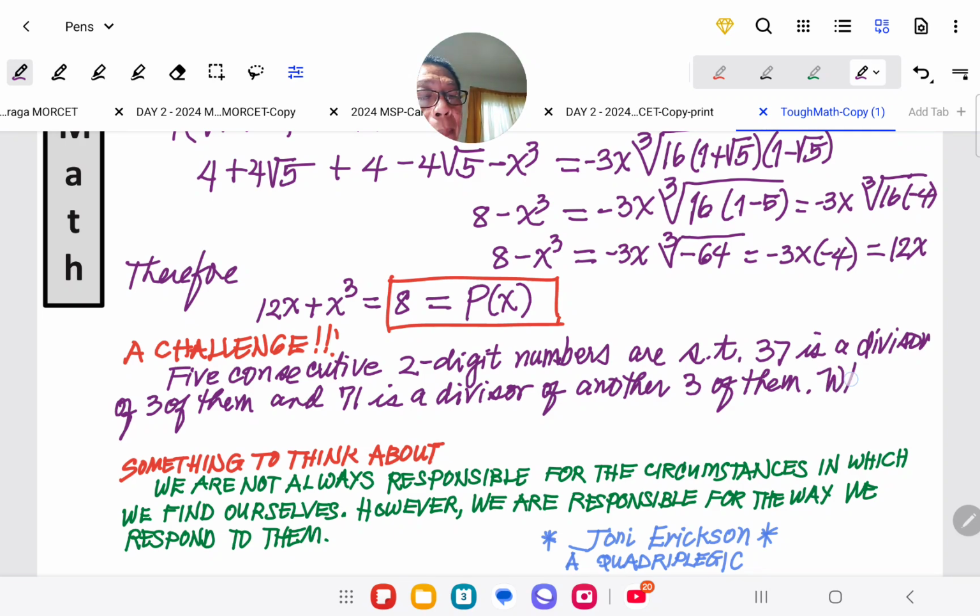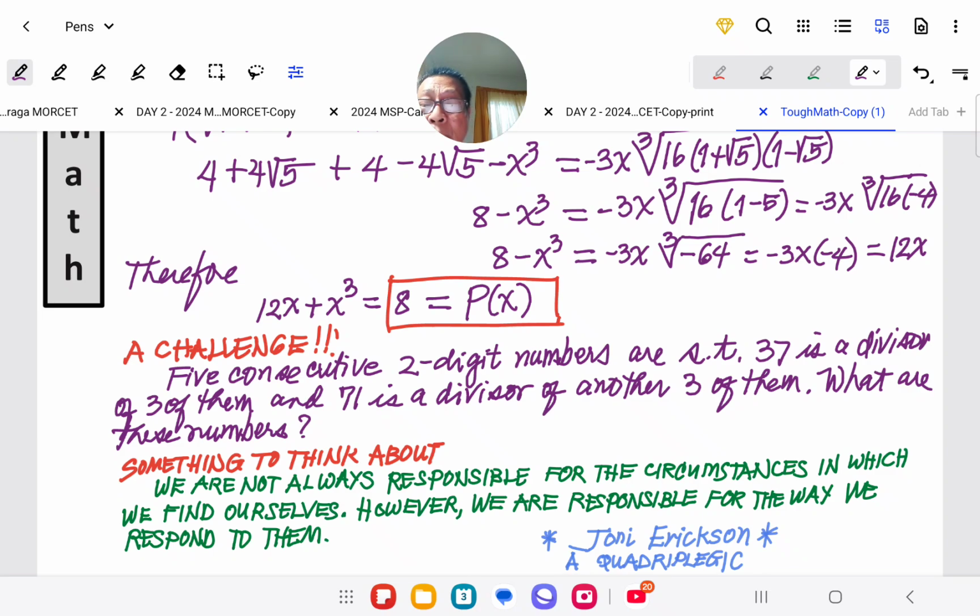What are these numbers? Okay, so this is the challenge.